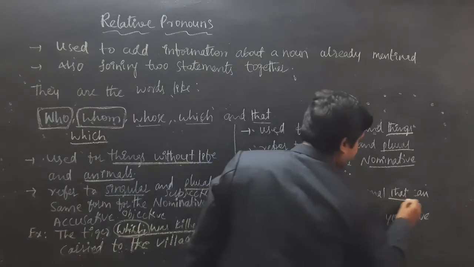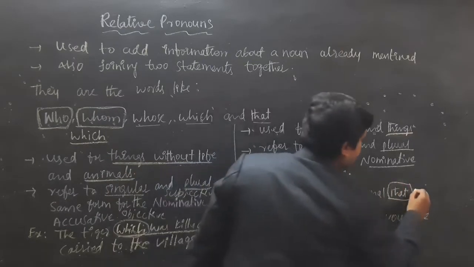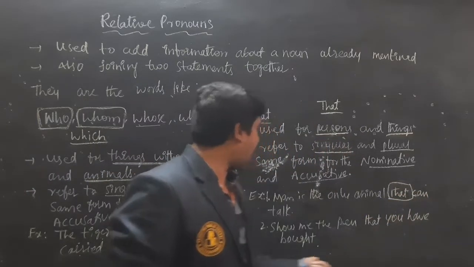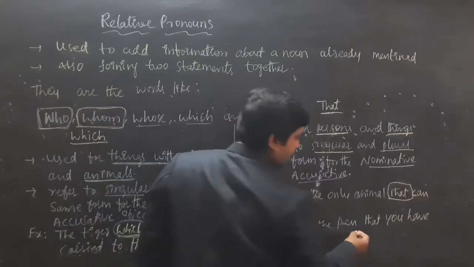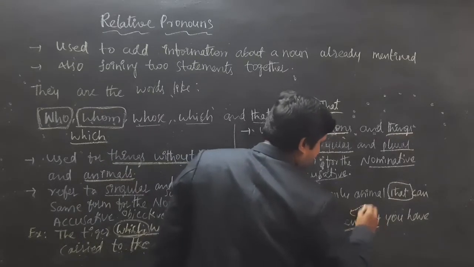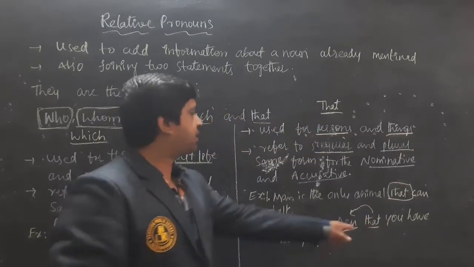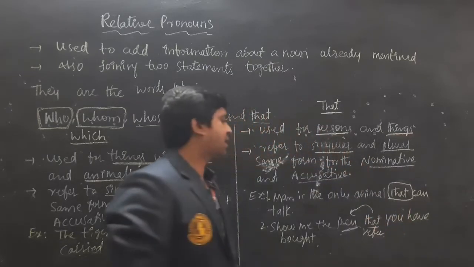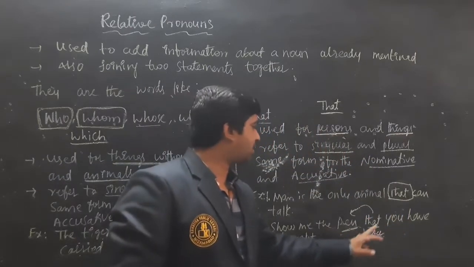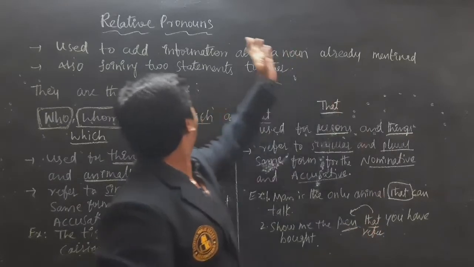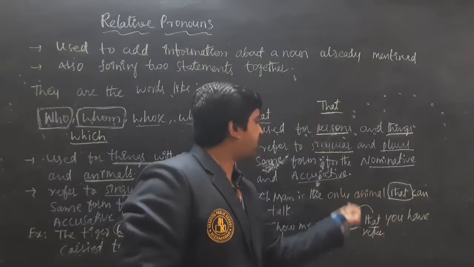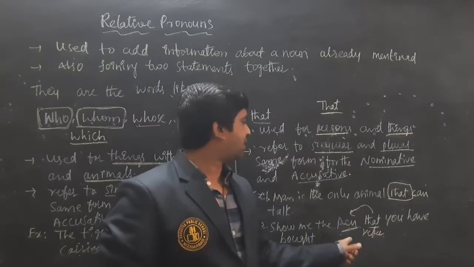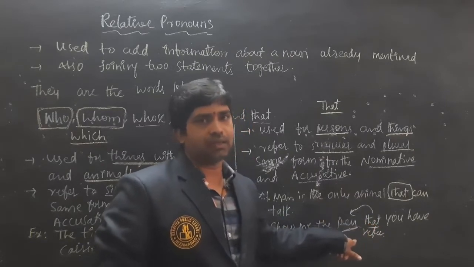Another example: Show me the pen that you have bought. Here that is referring to the pen. In the previous class, we learned that the noun to which the relative pronoun refers is called the antecedent. Here the pen is the antecedent of that.